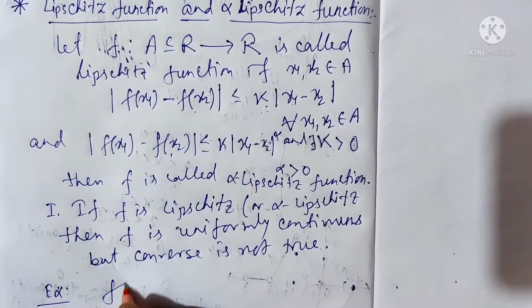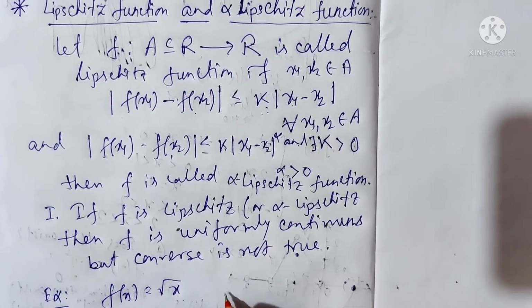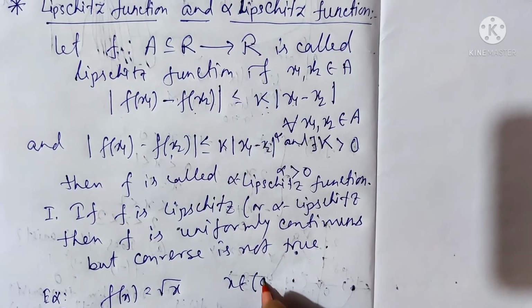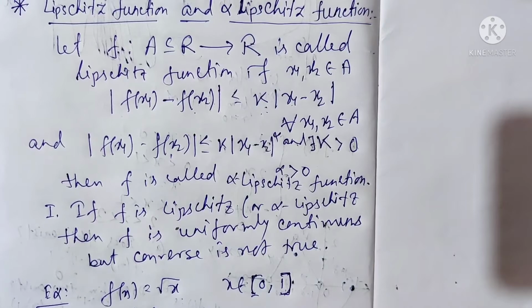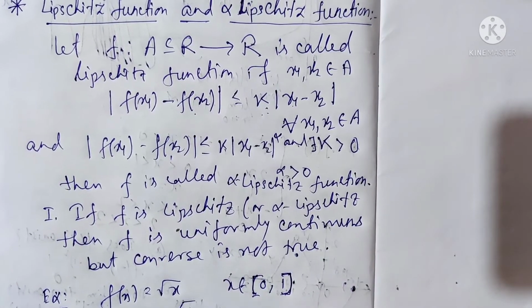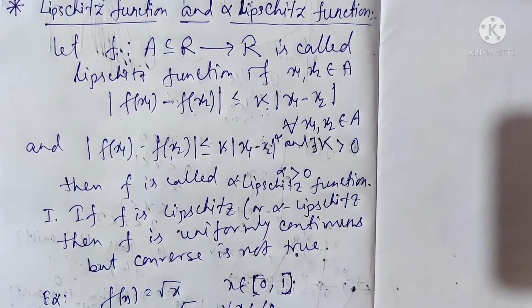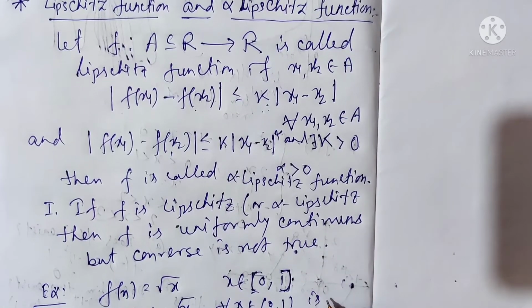Example: f of x equals root x, x belongs to (0, 1). f of x equals root x for all x belonging to the open interval (0, 1) is continuous.